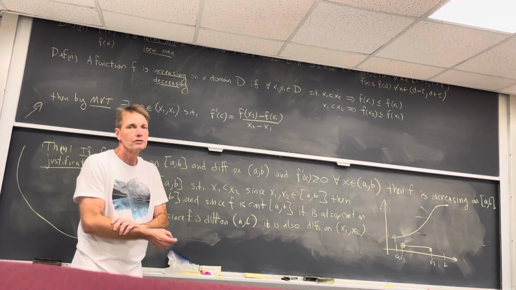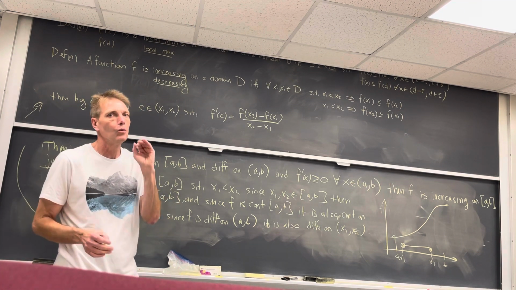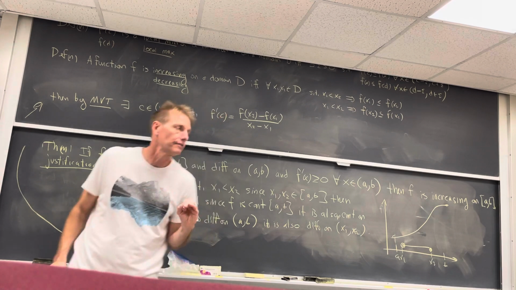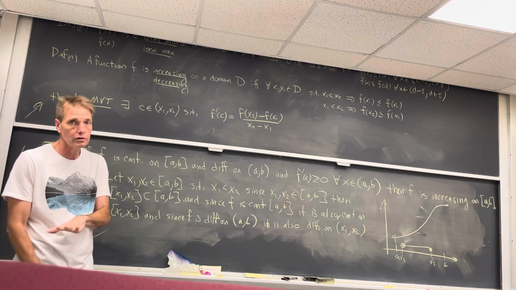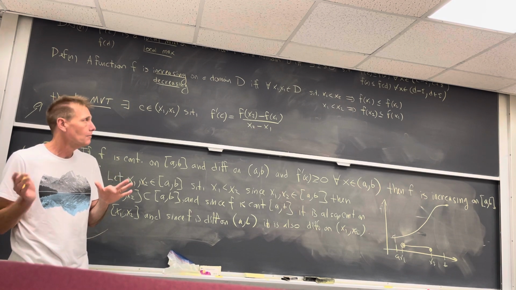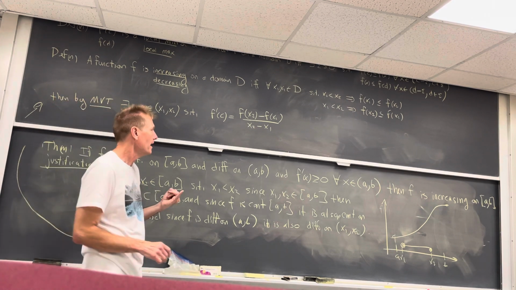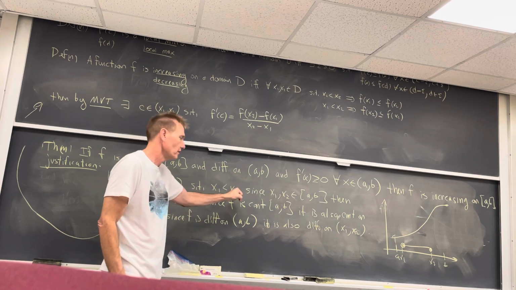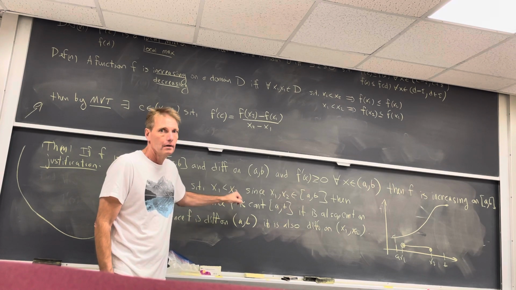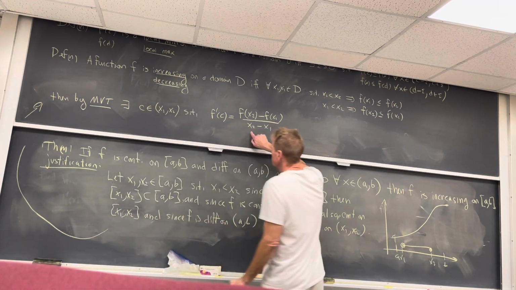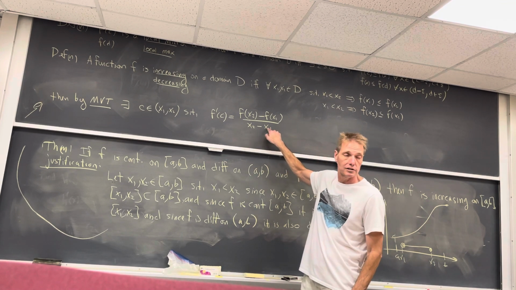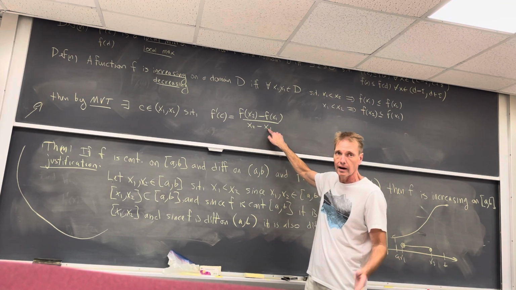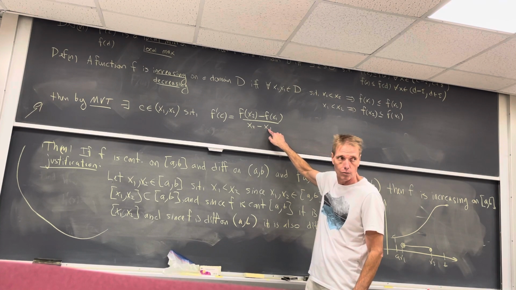Okay, so now here we go. There's one thing that we were sent into the field with, one weapon that we haven't used yet. And we're going to use it in really two. One is that x1 is actually less than x2. Okay, so now what I'm going to do, since x1 is less than x2, then this is not 0, which is good because we've got x2 minus x1.